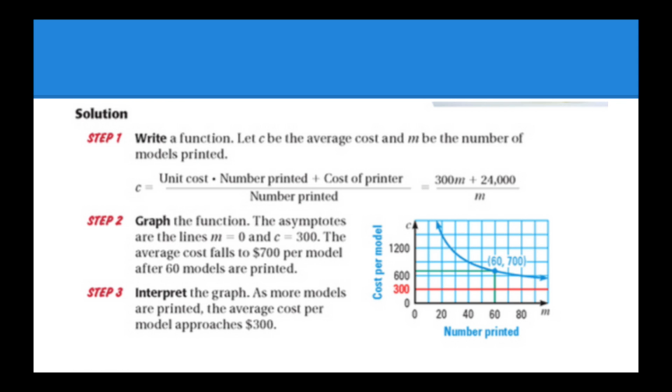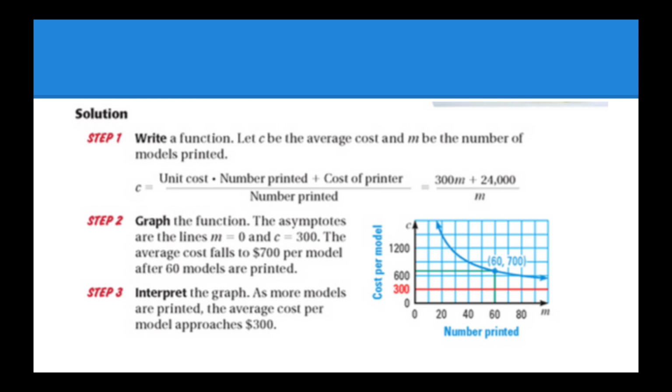So with this question, we're going to write the function. Let C be the average cost and M be the number of models printed. The number printed itself is M, which we do not know. But the unit cost times the number printed is 300M, and the cost of the printer itself is 24,000.